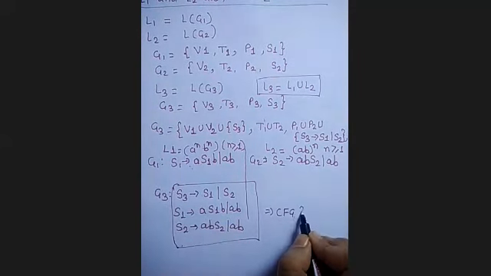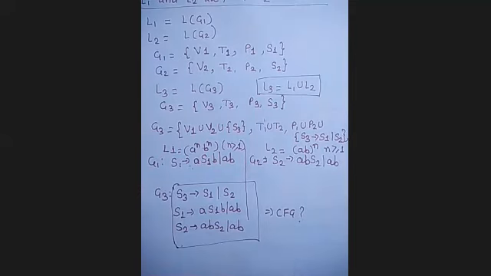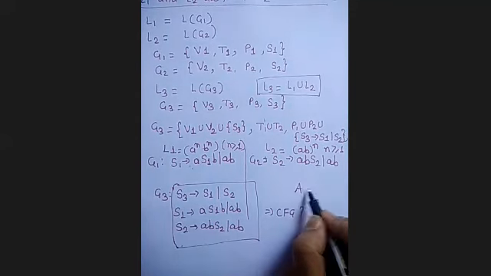Whether it is a context-free grammar. You know the rules for a context-free grammar. What types of rules are there? A derives alpha.